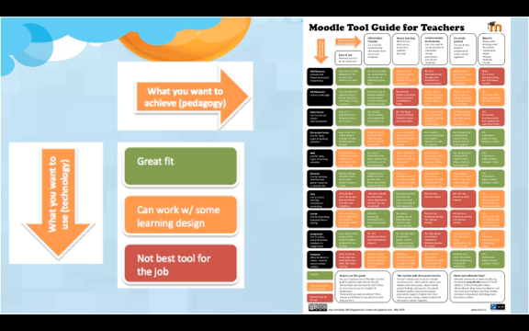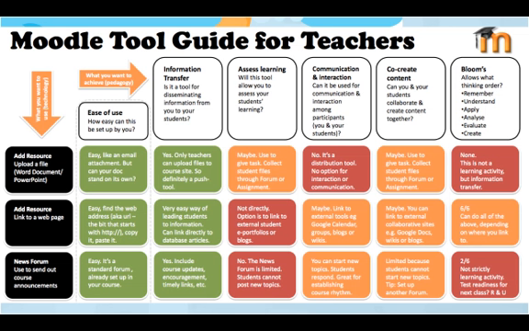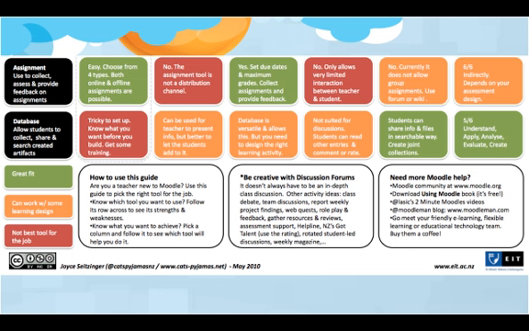It looks at what tools are going to suit those pedagogical needs and gives you a guide about what's the best fit, what might work with some learning design, and what won't work. Down the bottom, it also gives you an indication of how to use the guide, a tip on how to be creative with discussion forums, and some links to some key Moodle help areas.